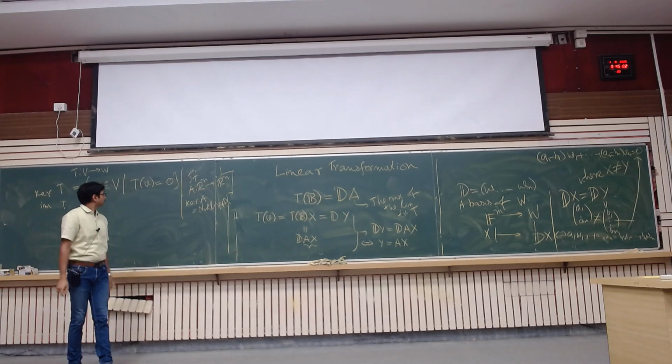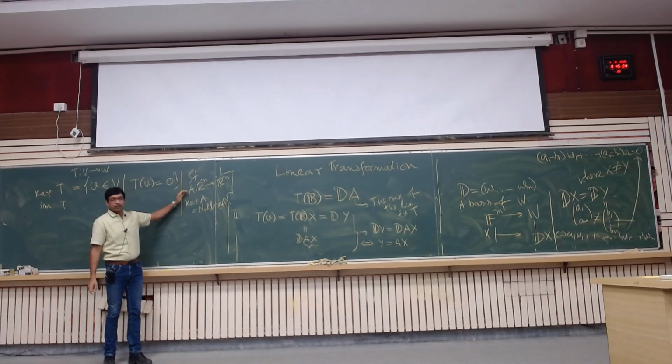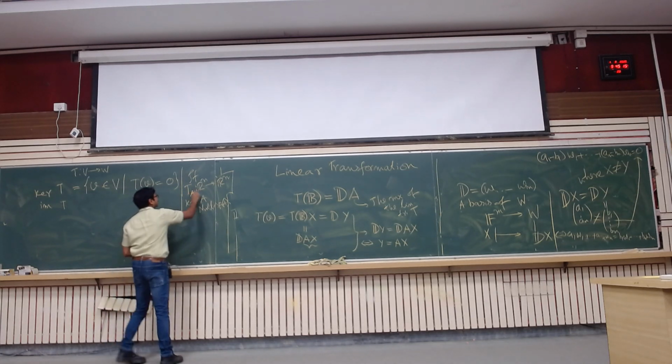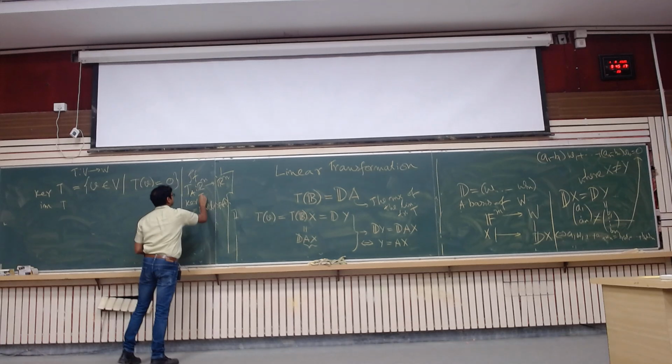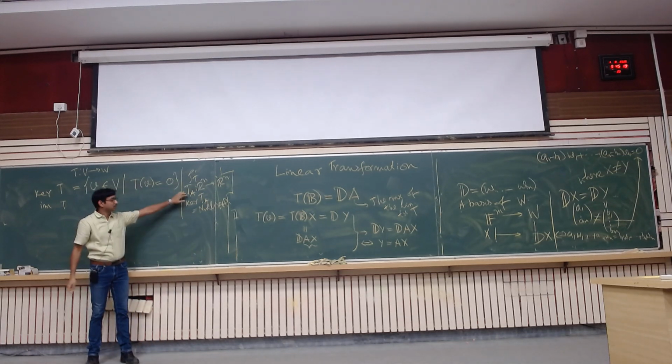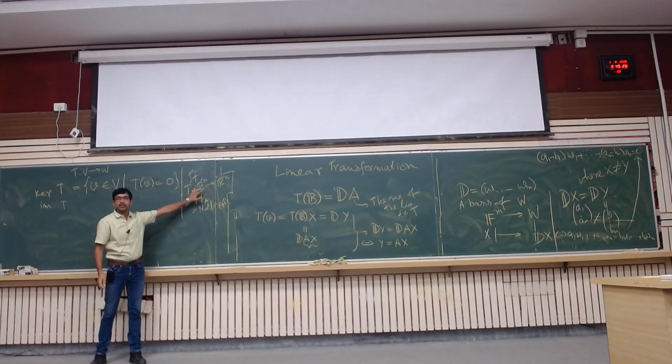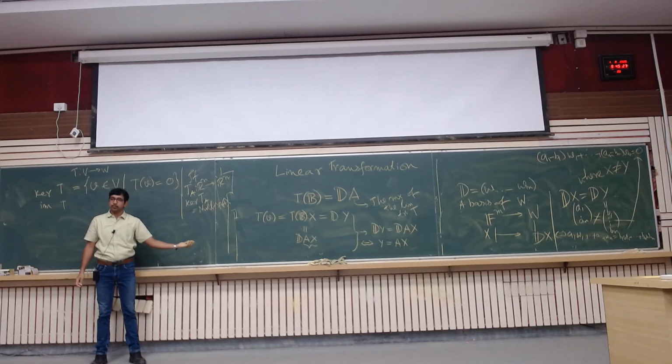By A we are just defining the left multiplication by A from Rn to Rm, and then the kernel of this map, you can call it TA, that is left multiplication by A, is the same as the null space of A. That is the set of all the vectors which are sent to 0 by left multiplication with A.